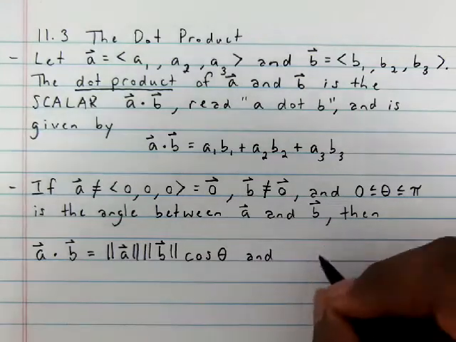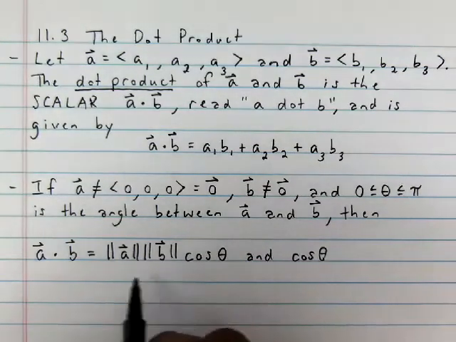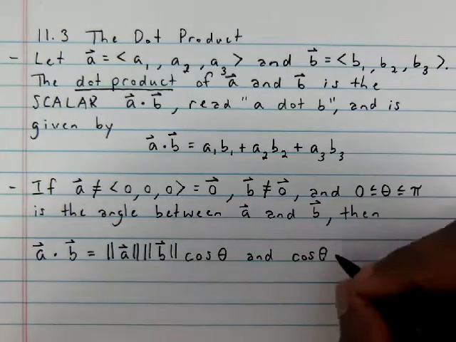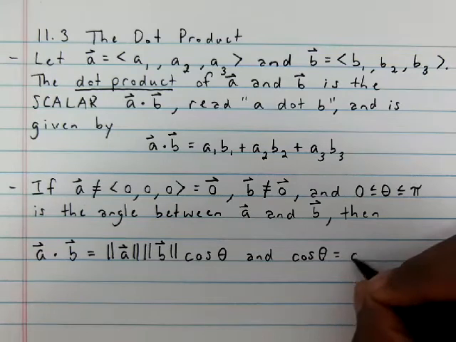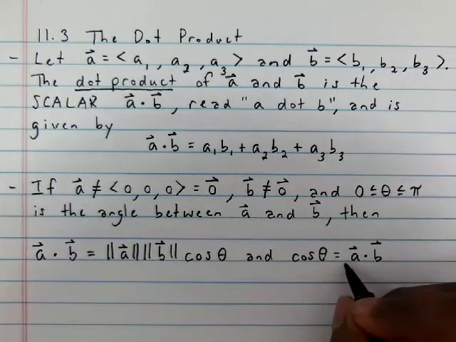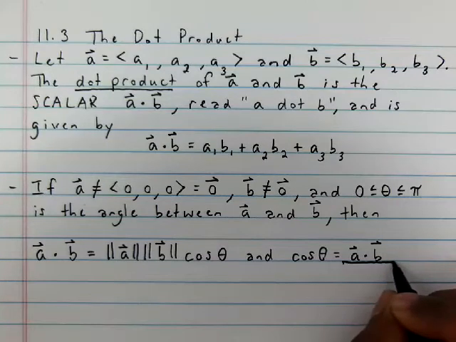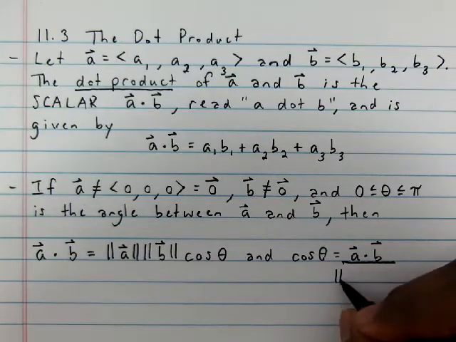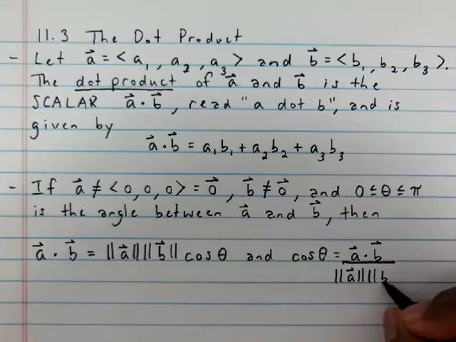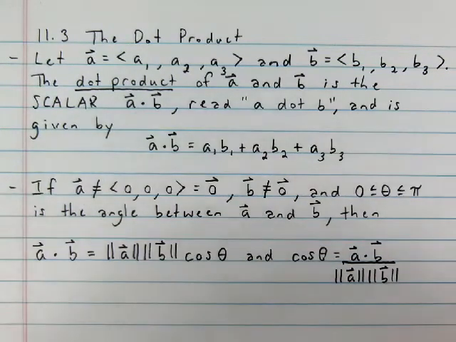And cosine of theta, so I'm just going to solve this equation right here for cosine of theta. So cosine of theta is equal to A dot B divided by the magnitude of A times the magnitude of B.